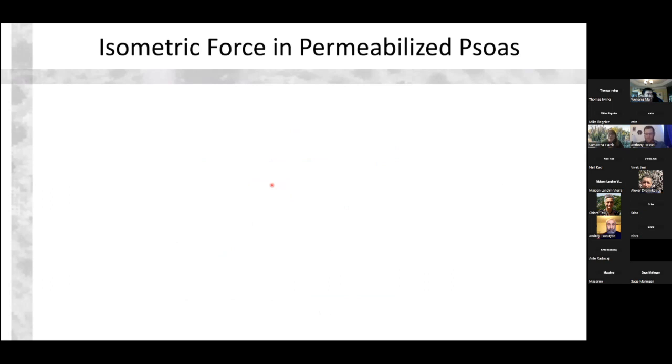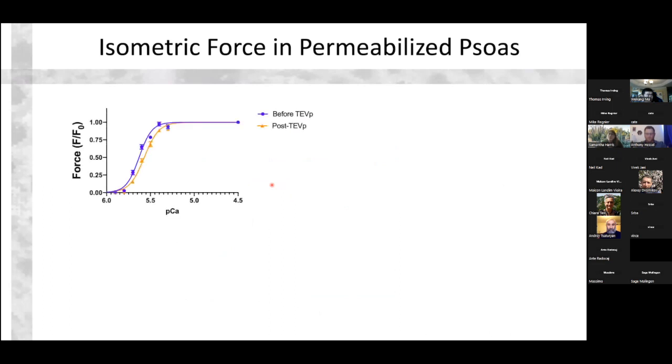But the other thing, taking a cue from Neil Cad yesterday about ending where I want to end up eventually, is that we also did isometric force measurements in permeabilized psoas muscle, and this is Nick Eagle's work in my lab. This was consistent with what we saw for cardiac muscle.